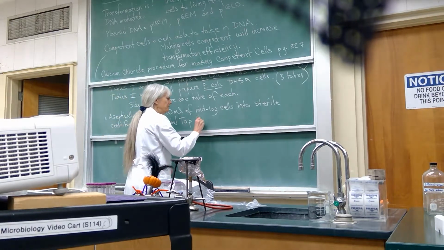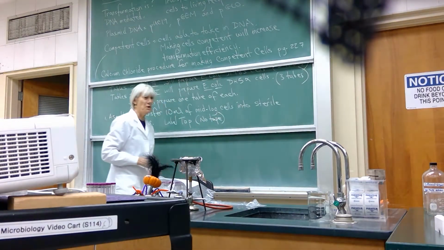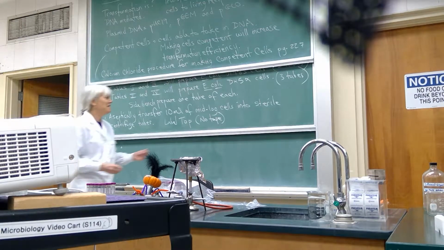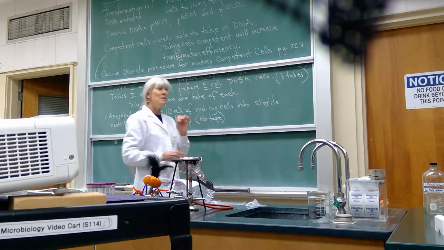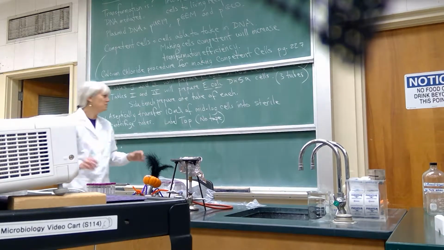Don't use tape. Use a glass marker. If you don't have some, let me know, because I have a couple of glass markers I can pass out. Label the top to indicate table number. So what you can do is put 1 JM83, 2 DH5 alpha, 3 JM83, 4 DH5 alpha, side by side.